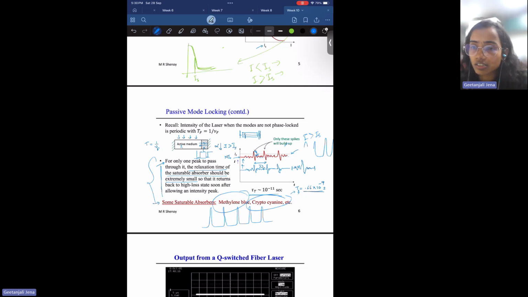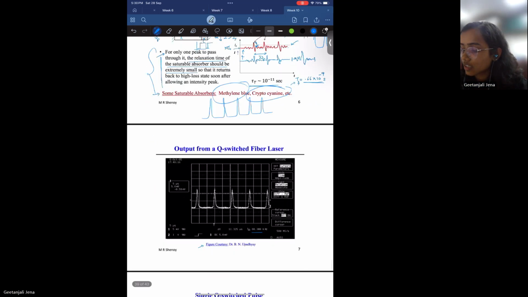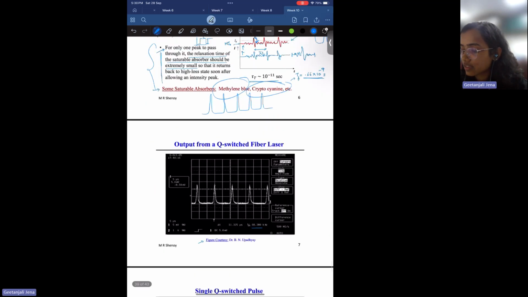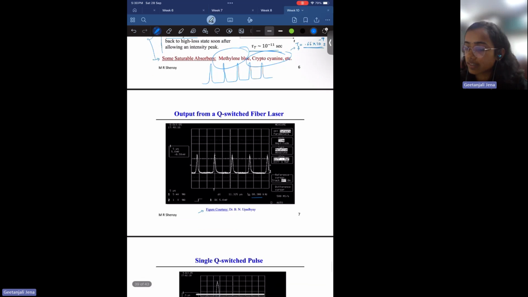That means the relaxation time of this saturable absorber should be extremely small so that it can come back to the high loss state after passing one peak. Otherwise, you won't see any pulse output. So this summarizes the mode locking system.